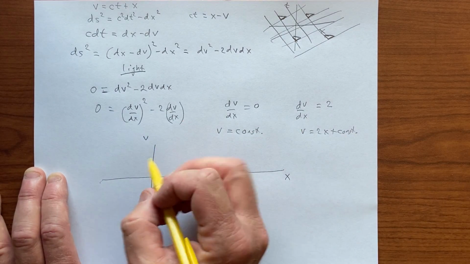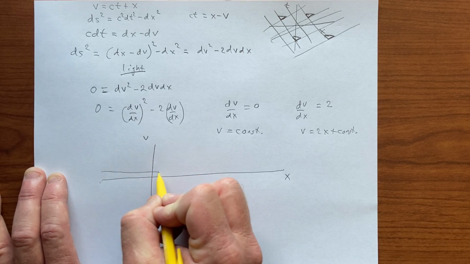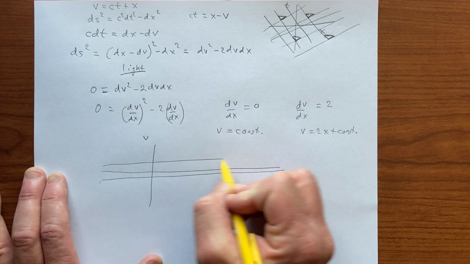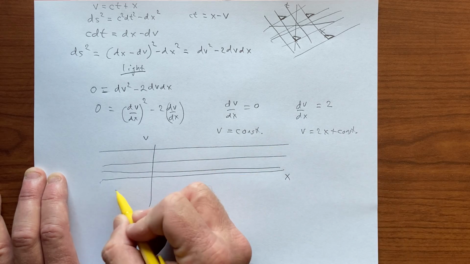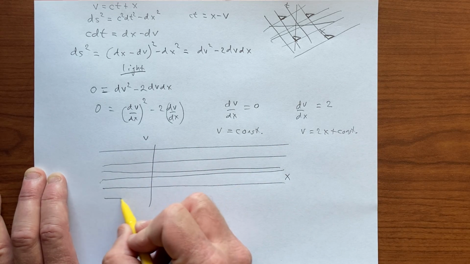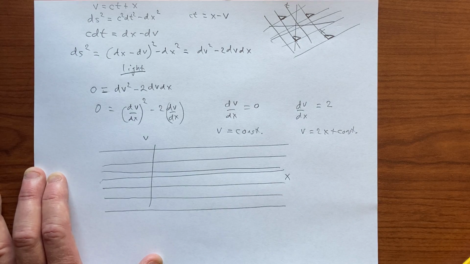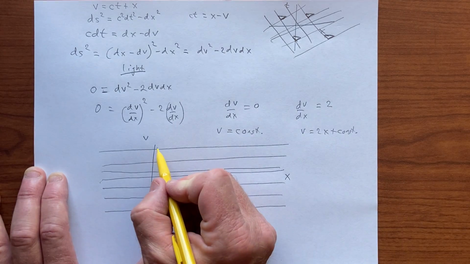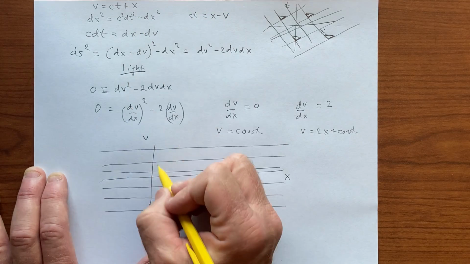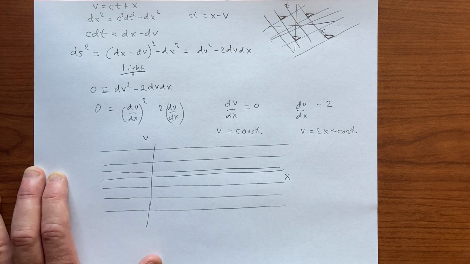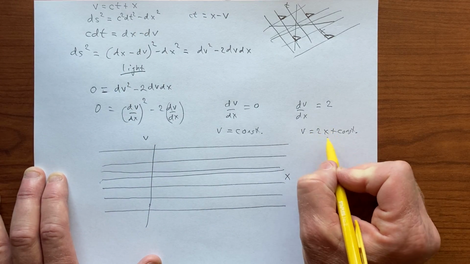And so if we make a diagram, this is a vx diagram, then v equals constant looks like, this is a constant value of v, a horizontal line. So this represents light going to the left, for different values of v, and light going to the right would have this equation.